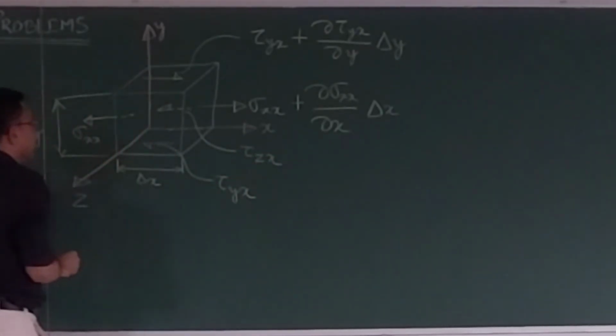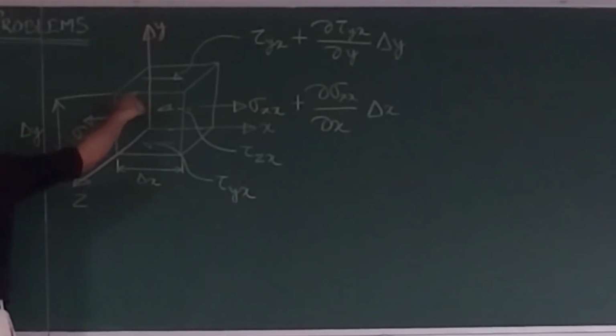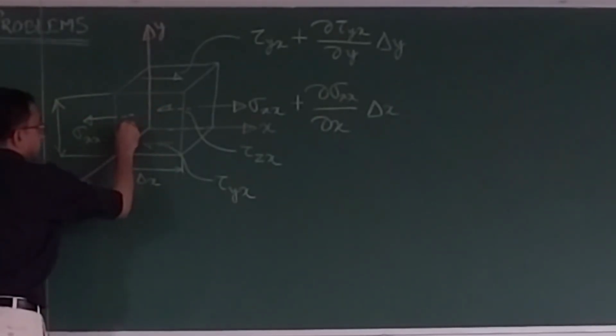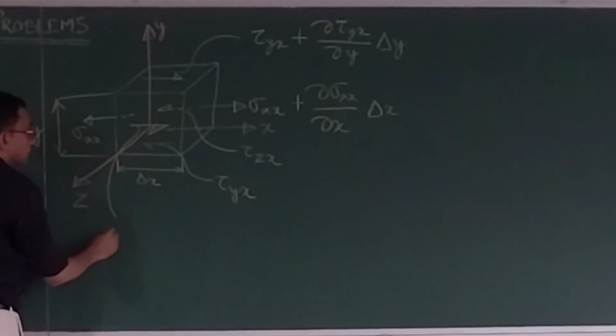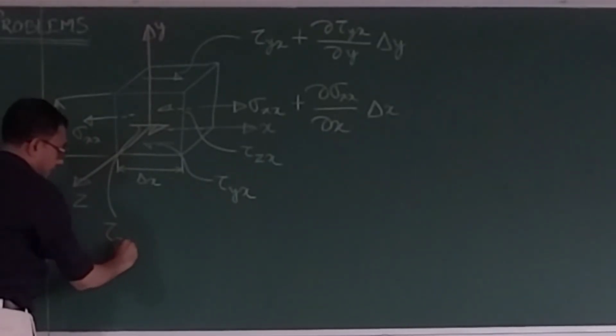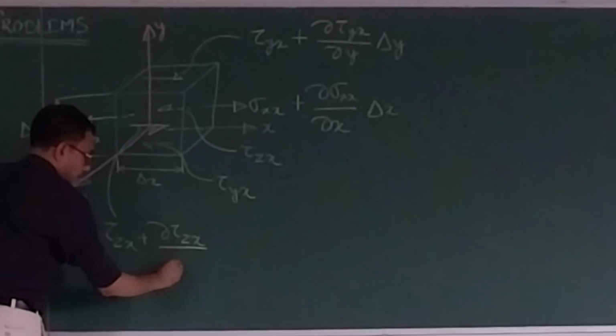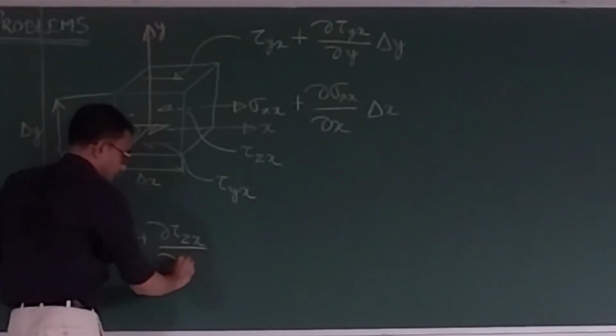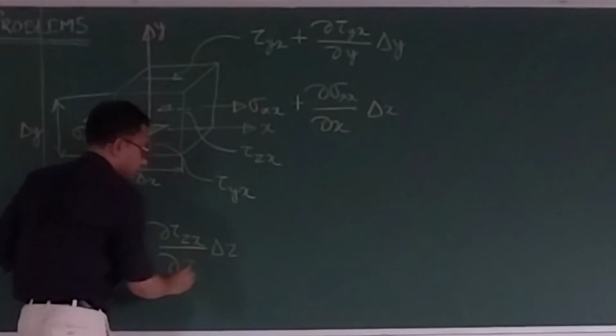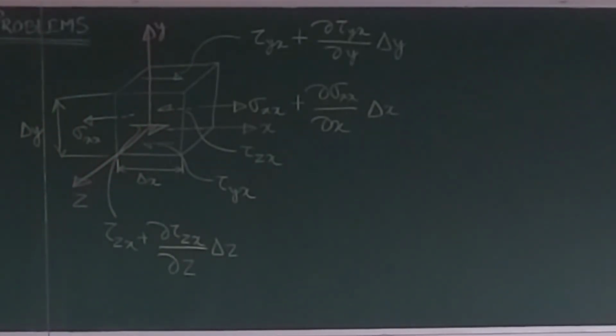And on this front face, it is going to be tau zx plus del tau zx del z into delta z. You understand that on each of these faces there will be two other components of stresses which I have deliberately not drawn.